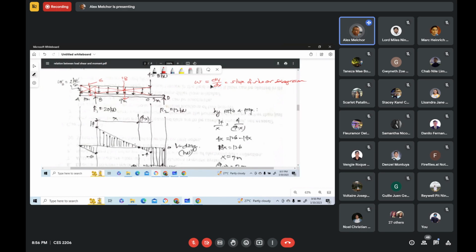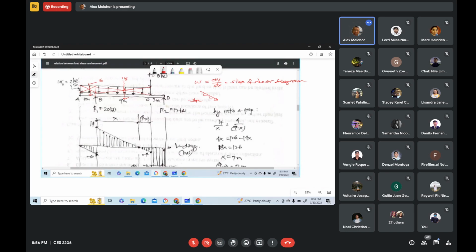So for a negative constant slope, this is a negative slope directed downward to the right and constant slope. It's a straight line. So that's why you have here this connecting line, a straight line.